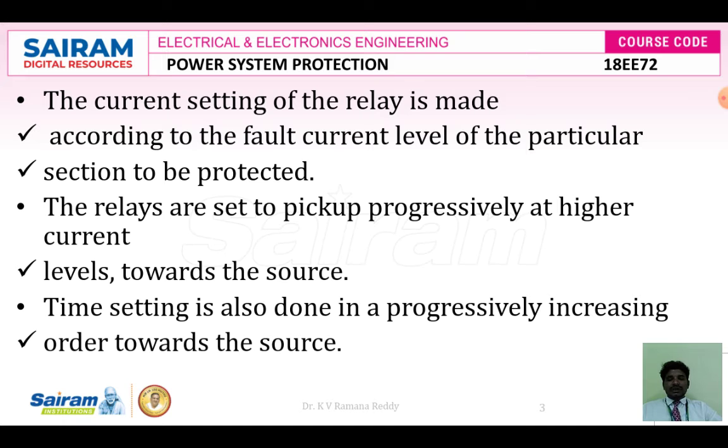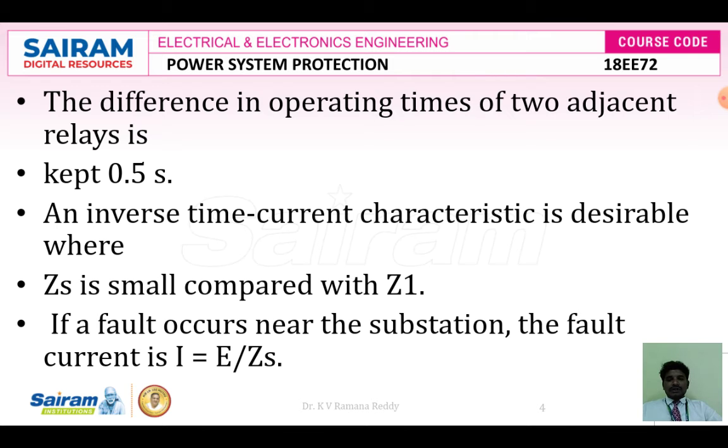So 1.5 seconds is the maximum time taken by the relay located between A and B. Therefore the difference in the operating times of two adjacent relays is kept at 0.5 second, and we can reduce this to 0.4 or 0.3 seconds with advanced technology like numerical relays, such as microprocessor relays, microcontroller relays and digital signal processing relays.